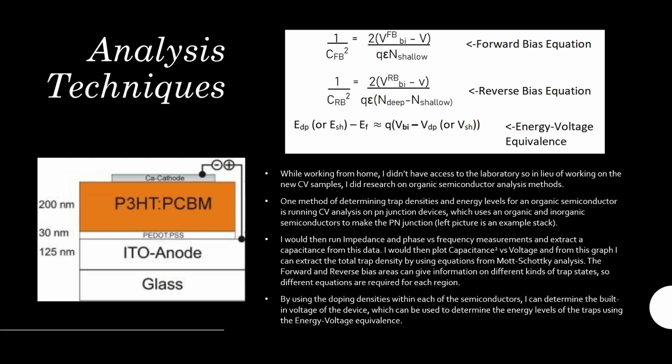One of those is pictured on the left here, which sandwiches an organic P3HT semiconductor with PEDOT:PSS, which is a polymer semiconductor, which is a P-type semiconductor layer, and that's sandwiched between a calcium and the ITO metal contacts.